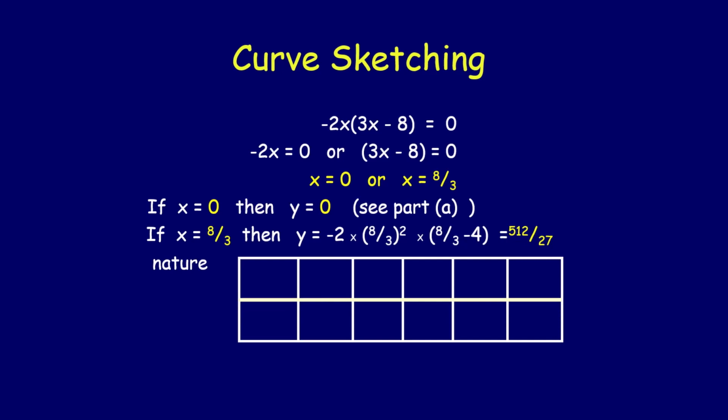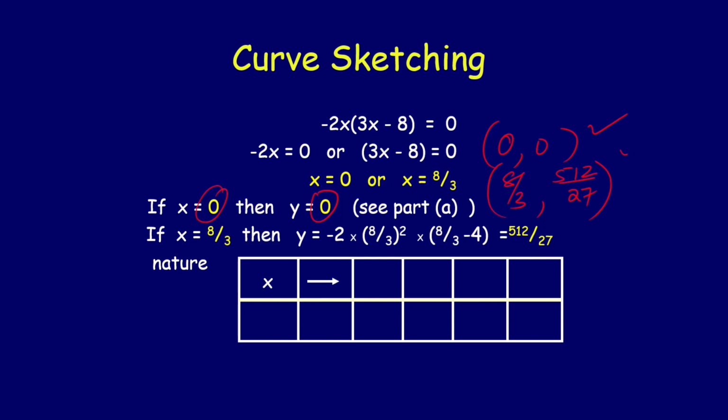So therefore the stationary points are 0, 0, and 8 over 3, 512 divided by 27. These are the 2 stationary points. You write them in coordinate form.